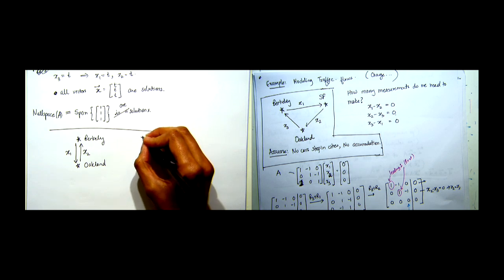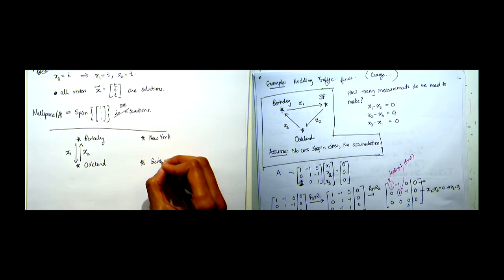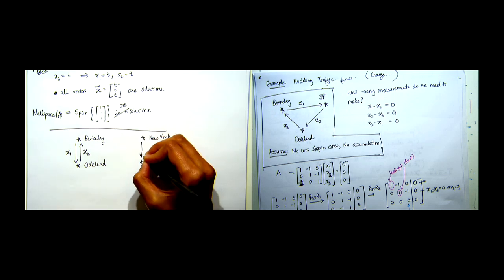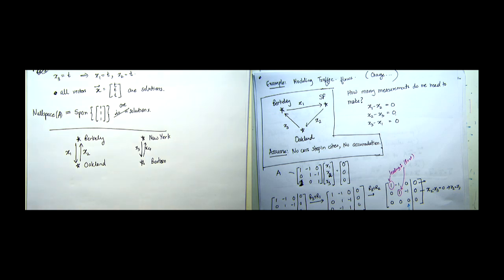But here I have, let's say, New York, and I have Boston. And here I have, let's say, x3, and I have x4. By looking at this graph, if I want to figure out x1, x2, x3, x4, how many measurements do I have to take? 2, right?